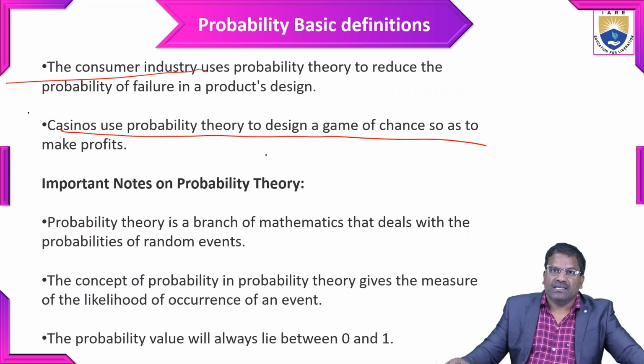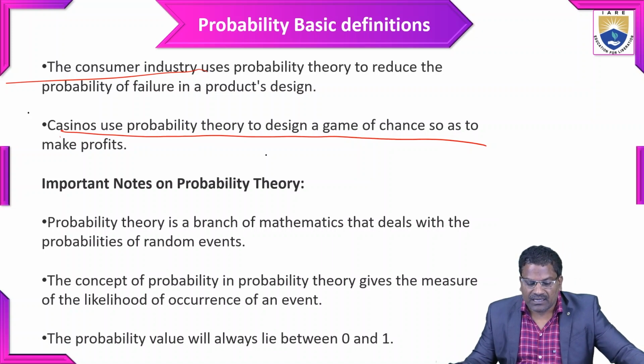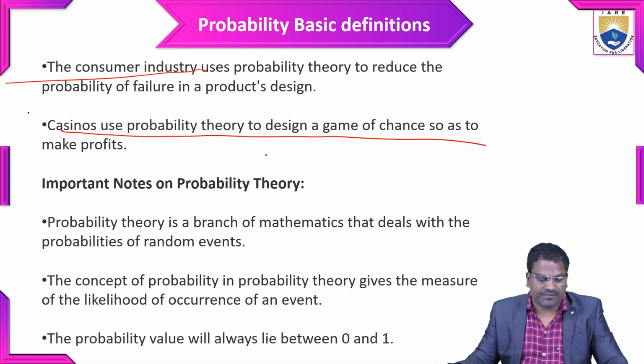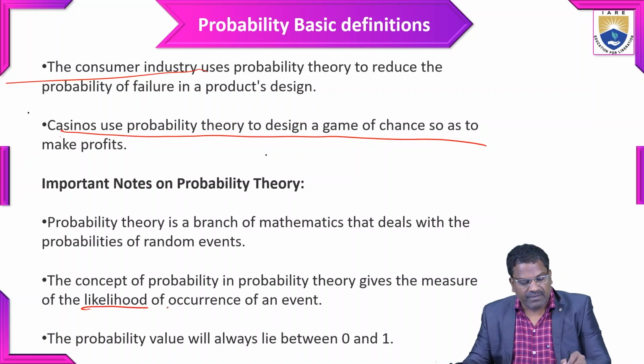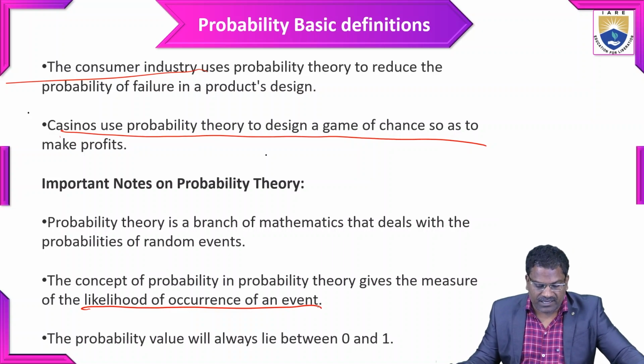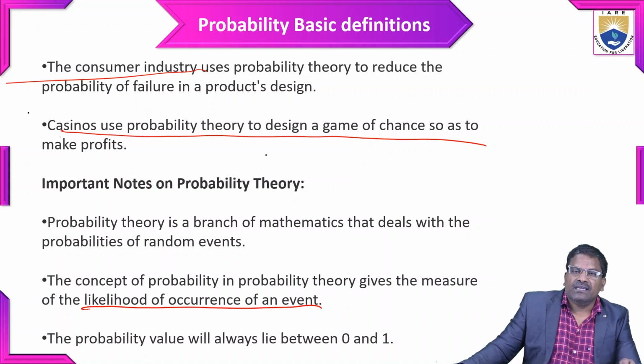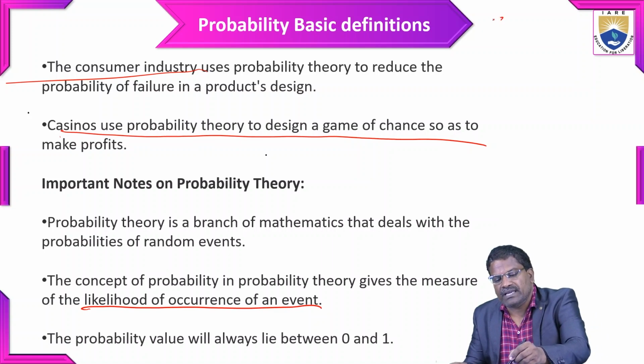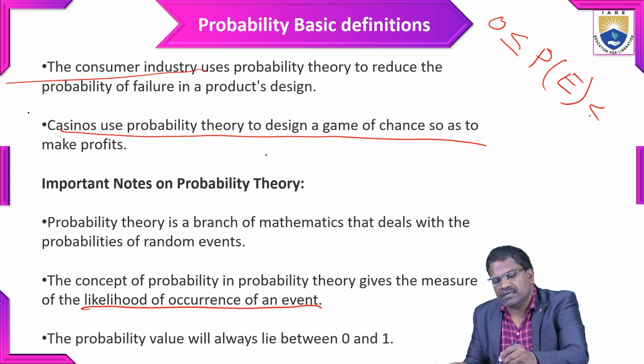Probability theory is a branch of mathematics that deals with probabilities of random events. The concept of probability gives the measure of the likelihood of occurrence of an event. The probability value will always lie between 0 and 1. That is, 0 is less than or equal to P of E, less than or equal to 1.